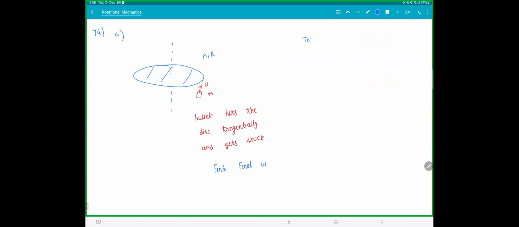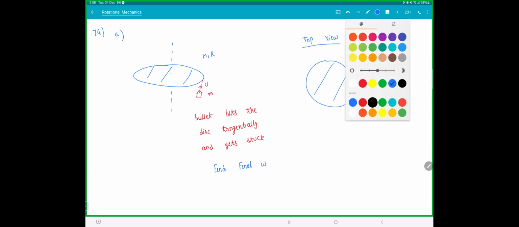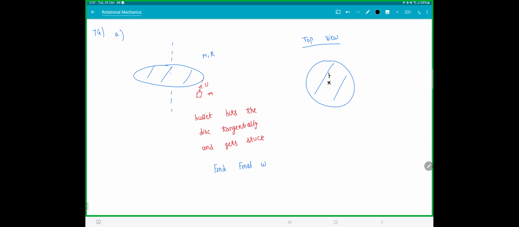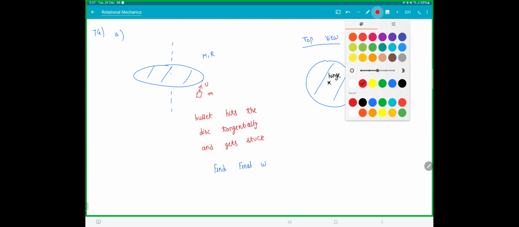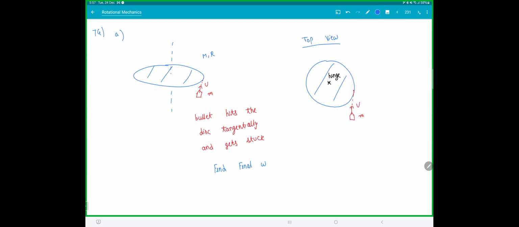So if you see the top view, this is fixed in the center hinge. Bullet is coming and getting stuck here. Now I can even say like this: there's a merry-go-round and a person goes and jumps on it and it starts rotating.